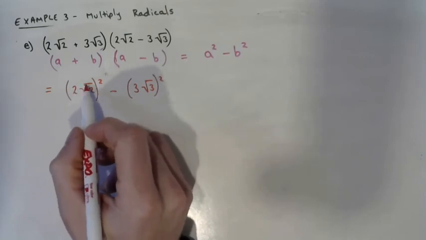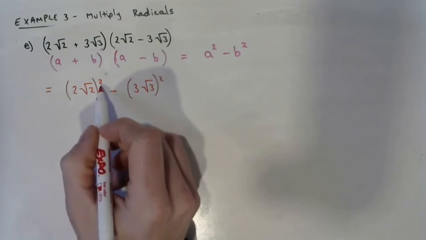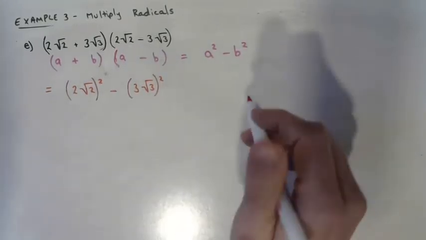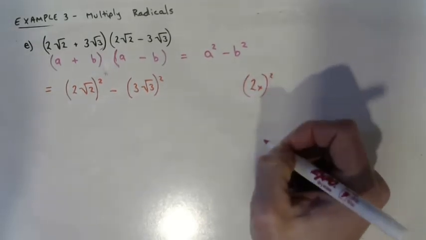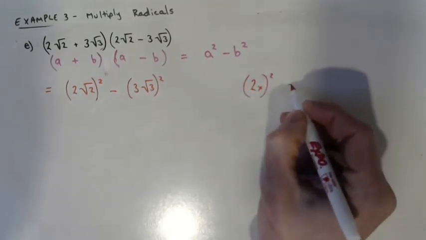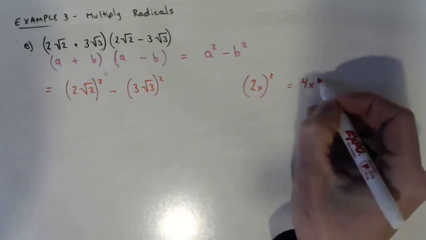If I have two factors in a bracket, I have to remember that both of them get squared. Okay, just quick review, you don't need to write this, but if I had, let's say, 2x, and I put that in brackets, I have to remember that this is 2 squared times x squared, which is 4x squared.